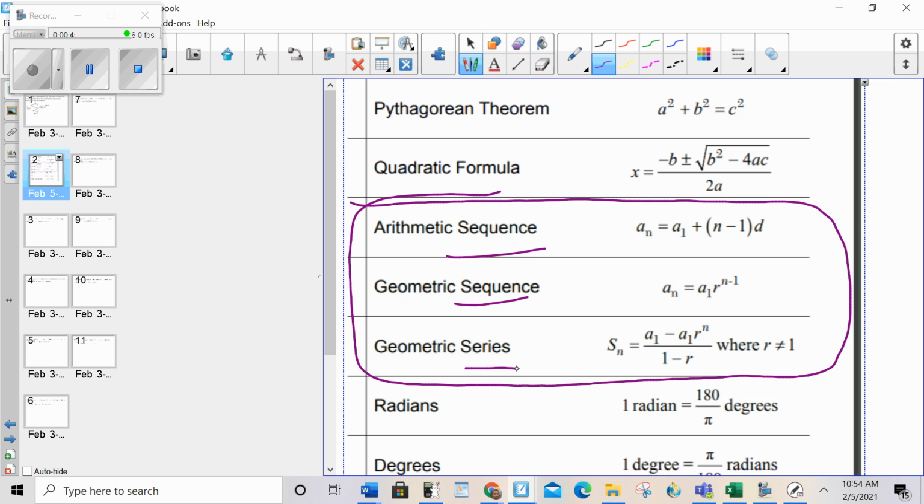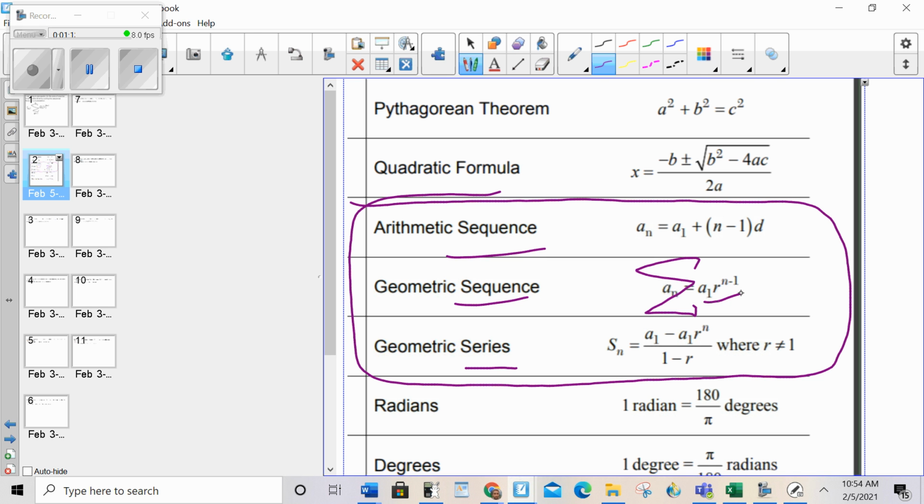So series, we said, is the sum of a sequence. Literally, the sum of a sequence. So for the summation form, I'm going to put the sequence formula in front of the summation.